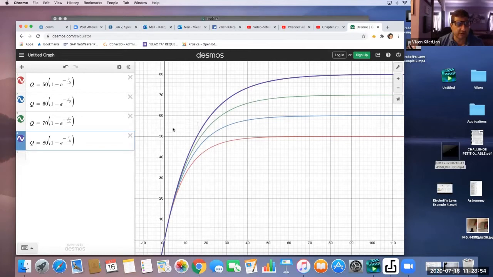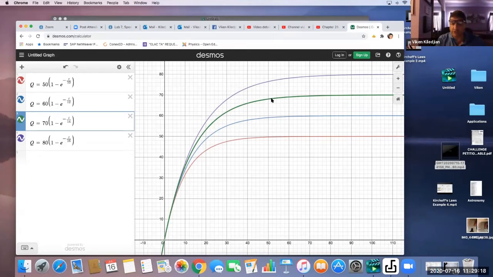But for the green one, it takes 14 seconds. Now this guy is charged, you see. So the time constants are also increasing, but the maximums are also increasing. So yeah, it kind of makes sense. So you can see graphical interpretation is always very, very helpful.